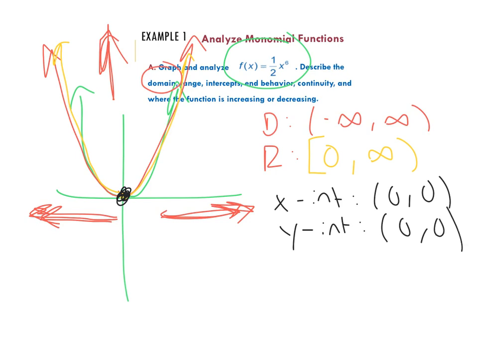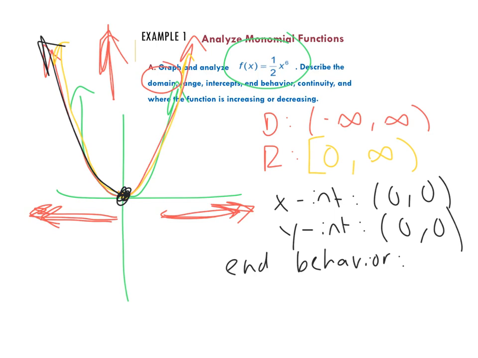Next, we're going to look at end behavior. For end behavior, you really want to look at the very ends of your graph. Notice your graph is going this way forever. That means it's going to the left forever.